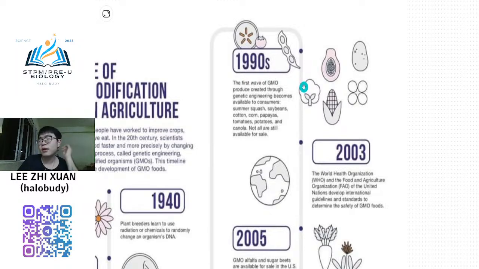It is covered under the Biotechnology Act. If you want to sell a GMO product in Malaysia, the requirement is very, very high. You can sell, but the requirement is so high that until now they cannot sell. Although GMO products are very good, there are some ethical issues.